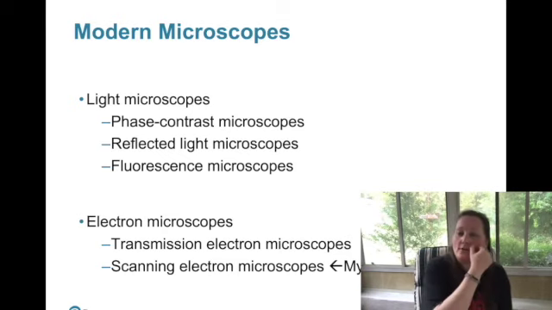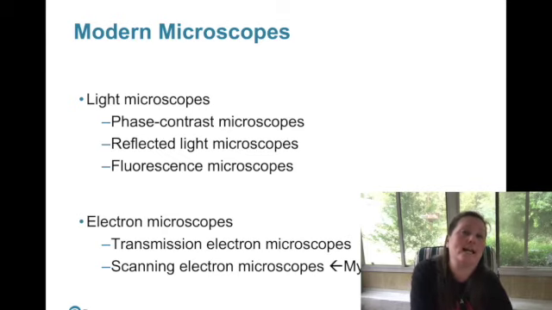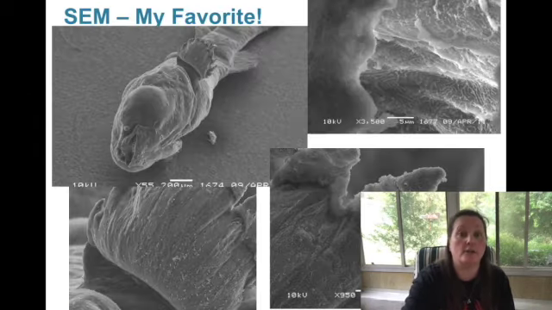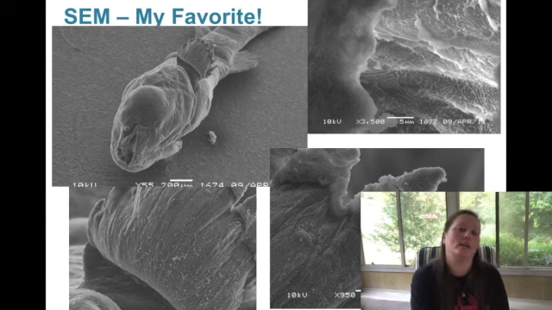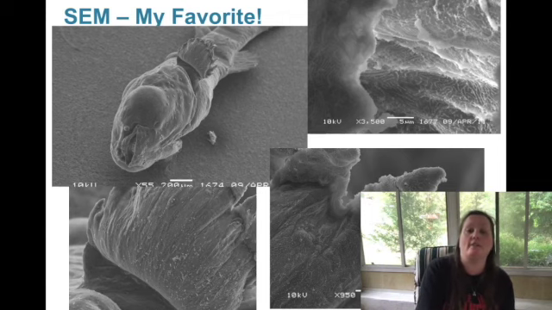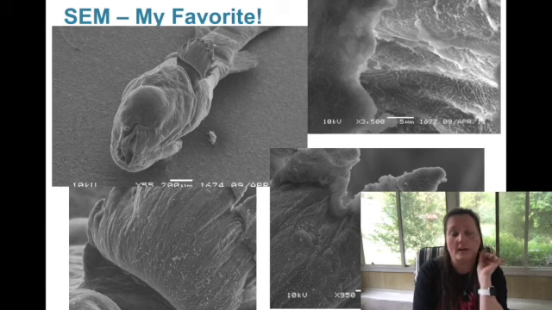Scanning electron microscope is my favorite because of course I have a favorite microscope. In grad school, I took a scanning electron microscopy class, and I absolutely loved it. It was so fascinating. So these are pictures I took when I did the scanning electron microscopy class. These are images of a fry, a baby, an itty bitty fish before it even hatched.